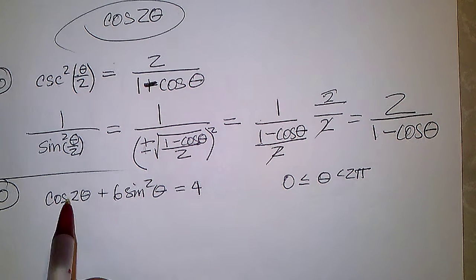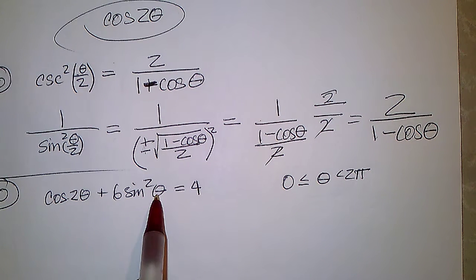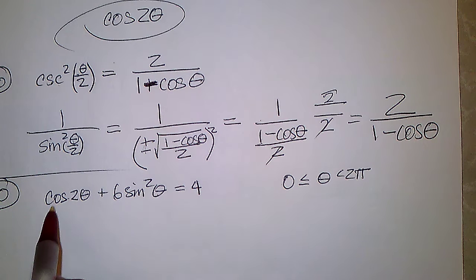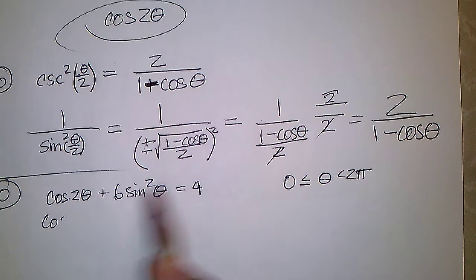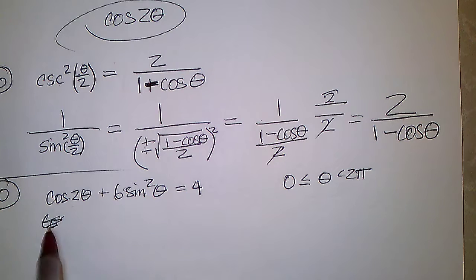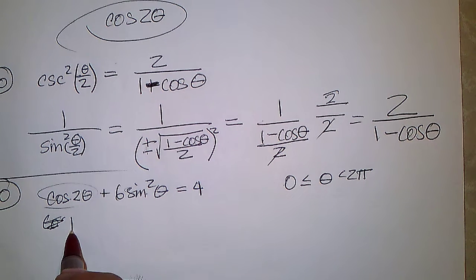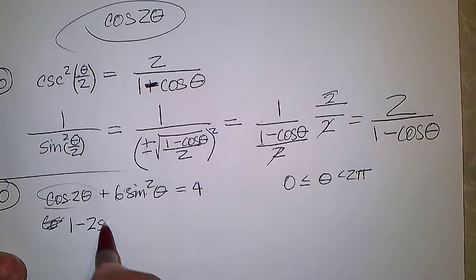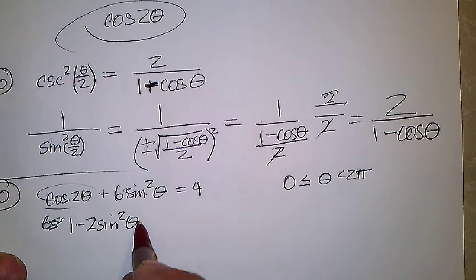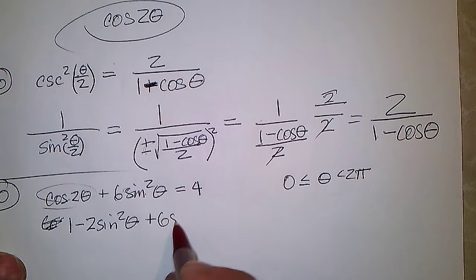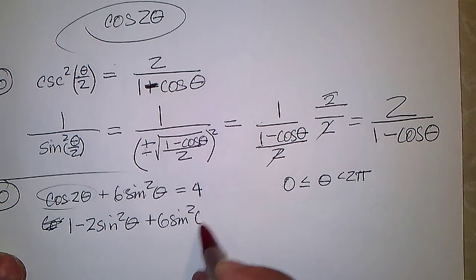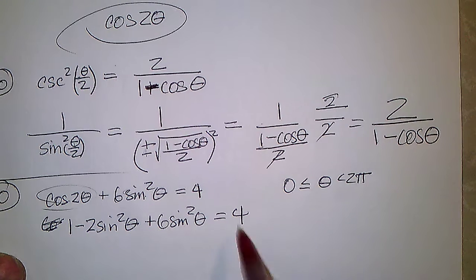Okay, well, we've got 2 theta in the cosine, and this has got sine, so I'm going to change. There's another formula for cosine of 2 theta that says it's 1 minus 2 sine squared theta. That's pretty easy to derive. Plus 6 sine squared theta equals 4.